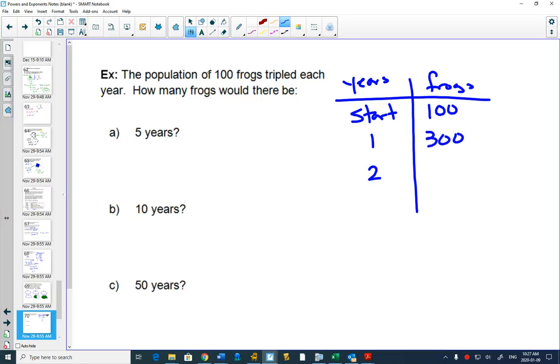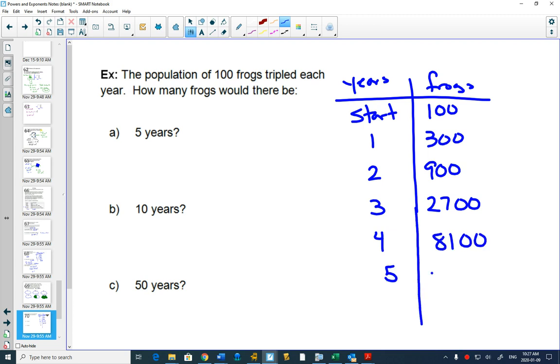At the end of 2 years, 900. You might have to get out your calculator. So we started off with our chart. What do we know that we're doing each time? We're multiplying by 3 because it's tripling every year.